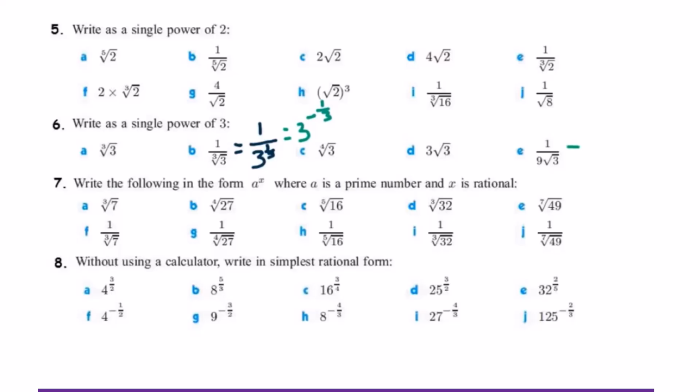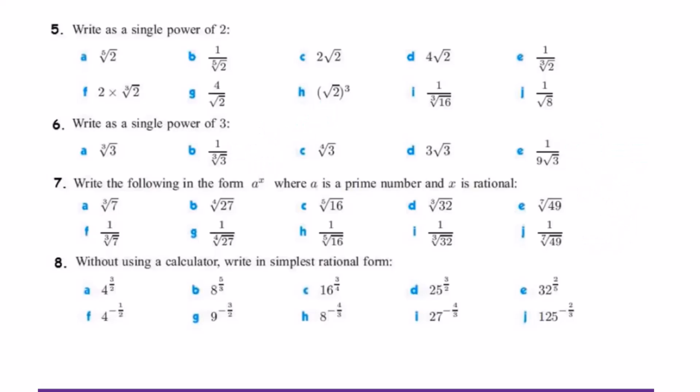For e, I can write down 1 over 3 squared times 3 to the 1/2 power. So I add exponents, 2 plus 1/2, that will be 5 over 2. Therefore, I got the 3 to the negative 5 over second power.